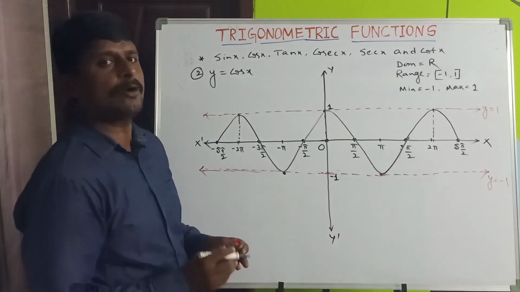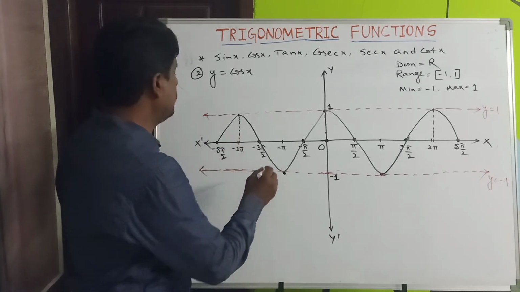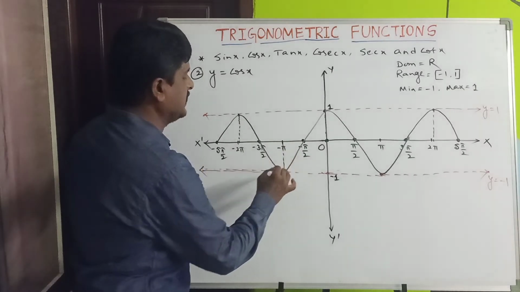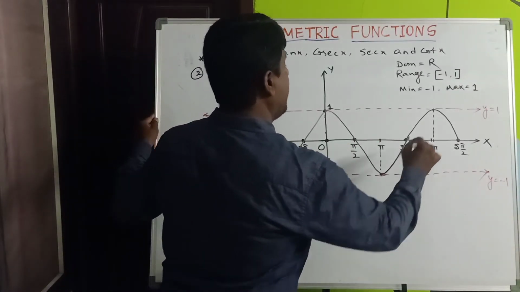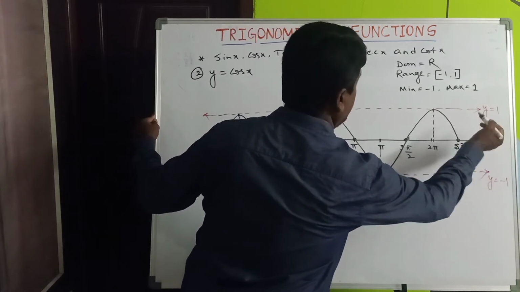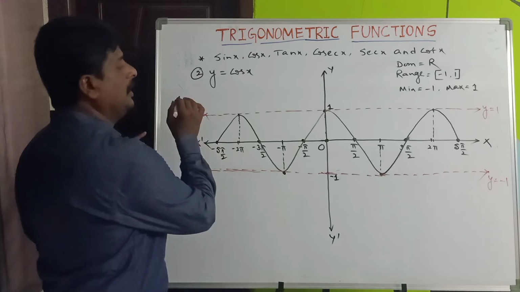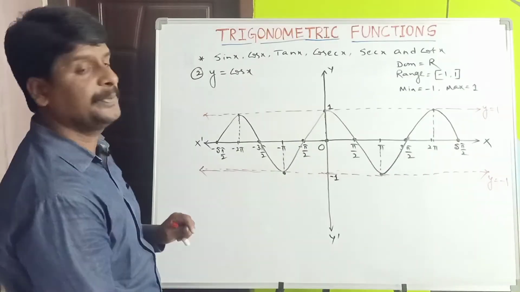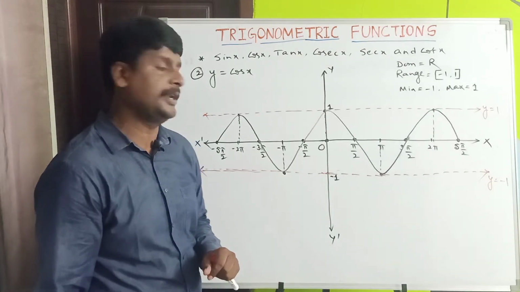At these points cos x is equal to 1, and it is -1 at x equals -pi, x equals pi, again at 7 pi by 2 and at -7 pi by 2. At those values it is equal to -1.